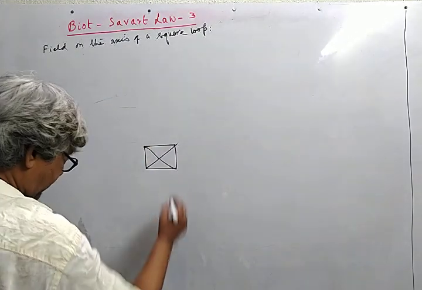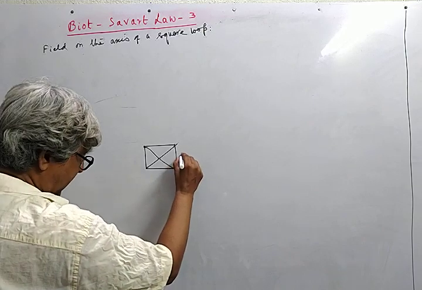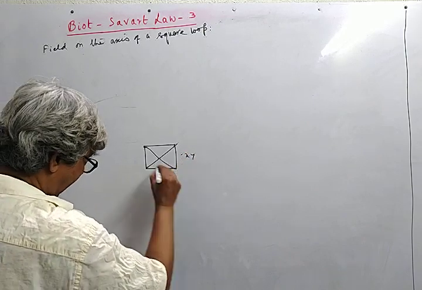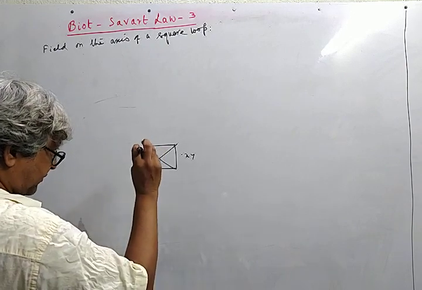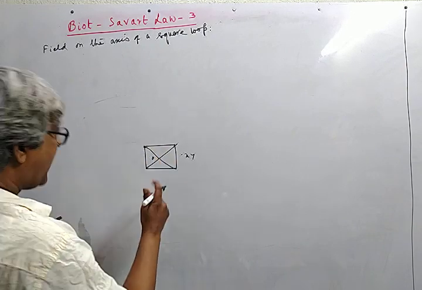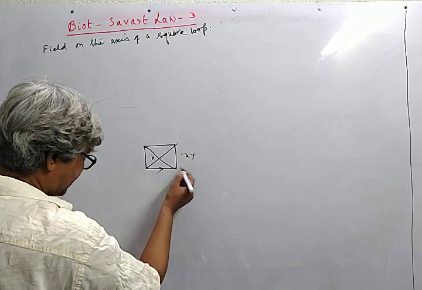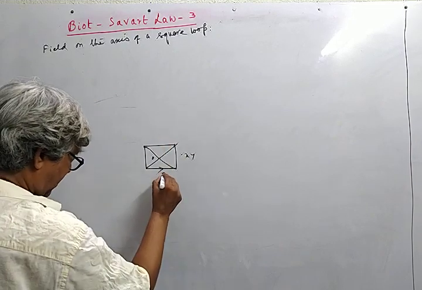We assume that the square lies in the xy plane and this is the center. So the field that has to be found out is on the z axis, and when we look down the z axis, the current flows in anti-clockwise sense.